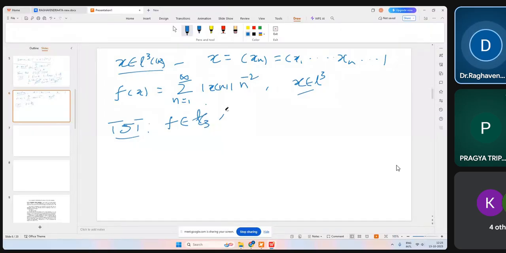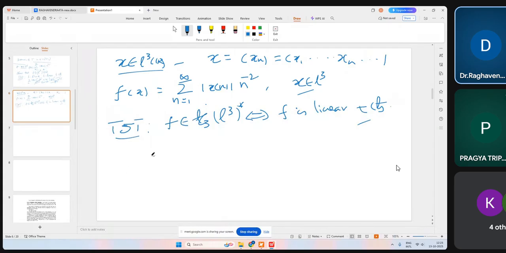What is your issue? L3 star. That is as good as showing f is linear plus continuous, right? What do you mean by continuous?